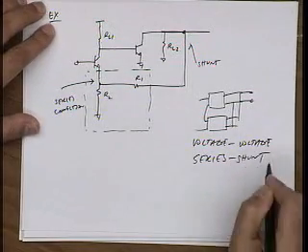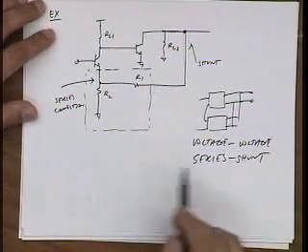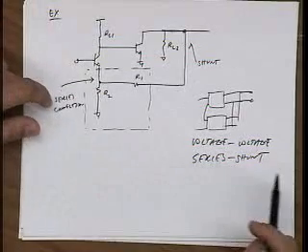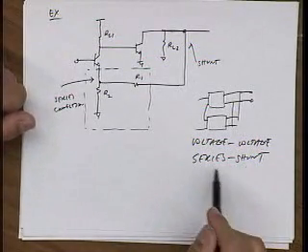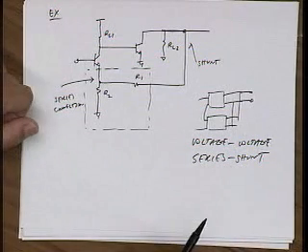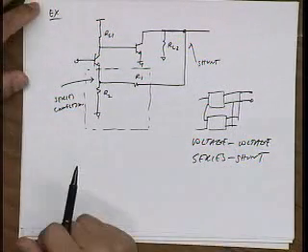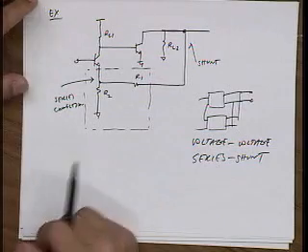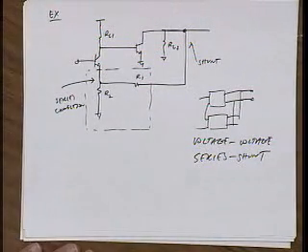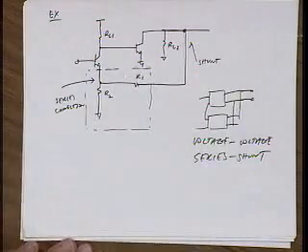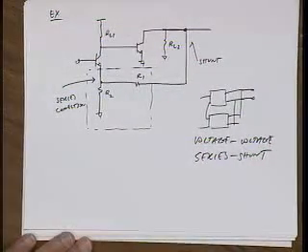Now you might wonder, why don't I just call it voltage-voltage? Why do I call it series shunt? There's actually a good reason. There's a nice little trick. If you write series shunt, it'll save you a lot of work, and we'll come back to that. Alright, so this is exactly the case we analyze. We use H parameters, right? That's why it's the example that follows this long discussion.